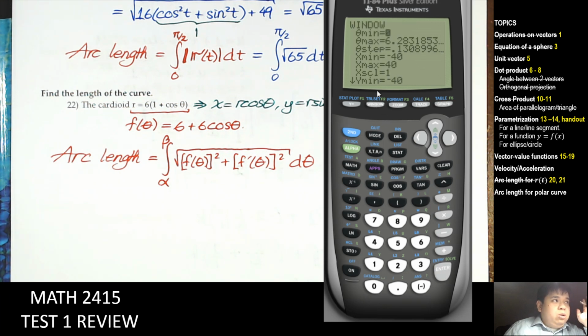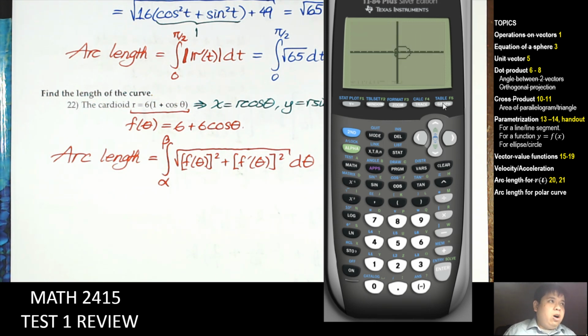If we hit window, theta goes from 0 to 2 pi here, because pi is 3.14 and 6.28 is 2 pi. So indeed we go from 0 to 2 pi, as you see in the graph. I want to zoom in on that portion only.